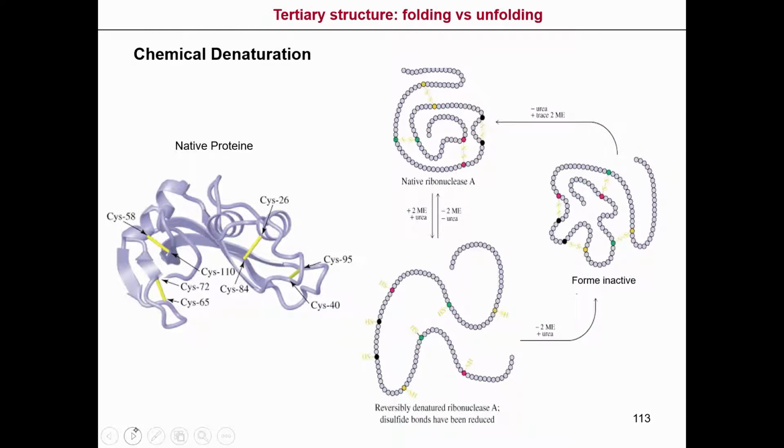So for chemical denaturation, for example, you can have alcohol.